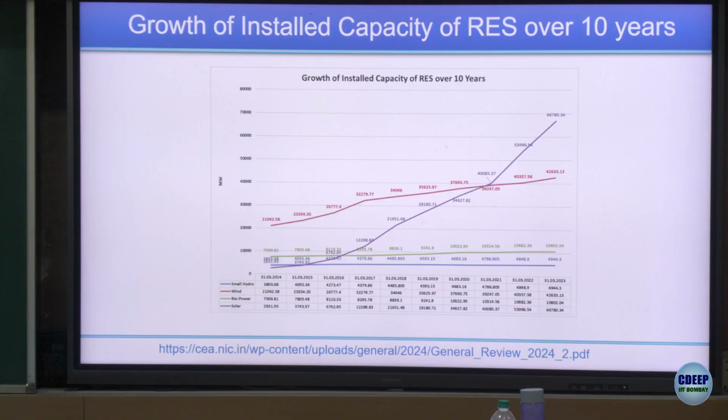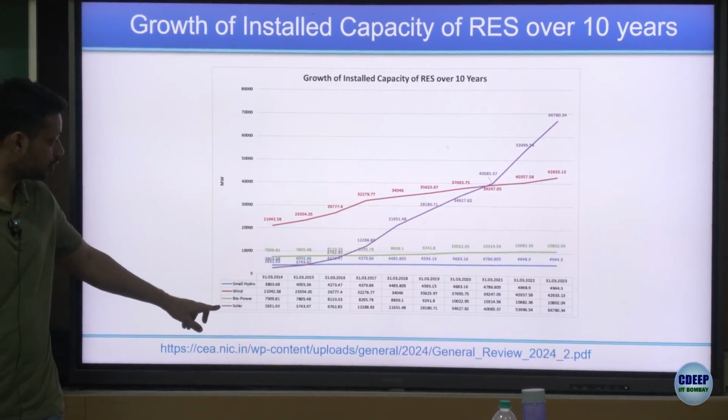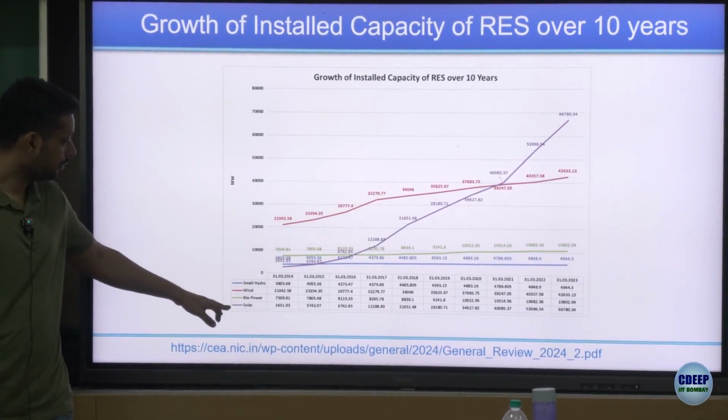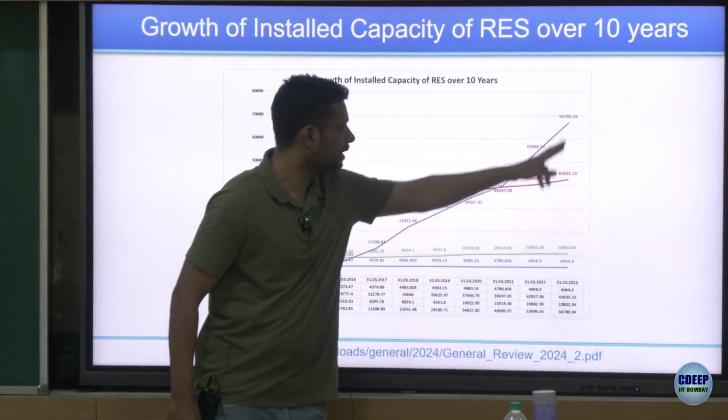Next, this is just the data, so you don't have to read it. This chart I have taken as it is from the CEA website. It again shows the trend of how different installed capacities are going: wind, small hydro and solar. If you only look at solar, it has of course grown considerably.